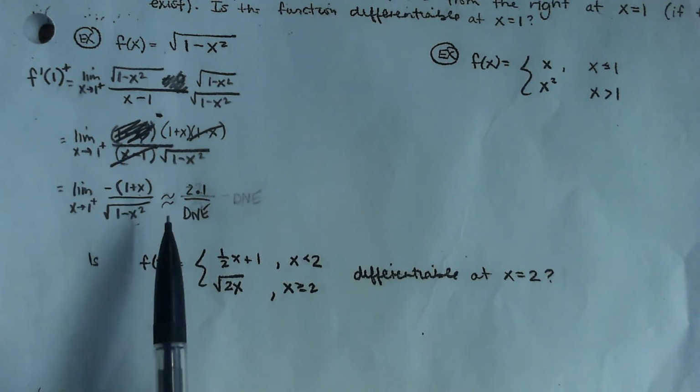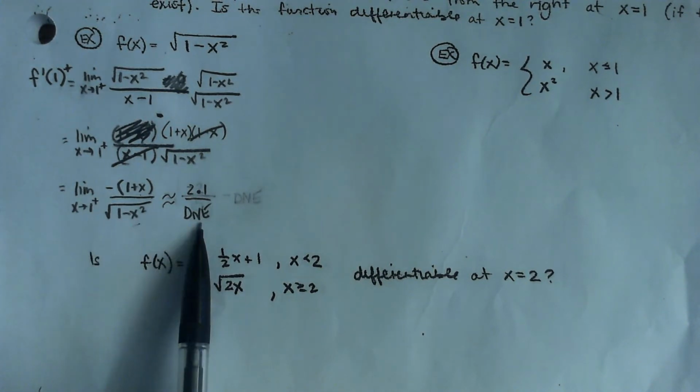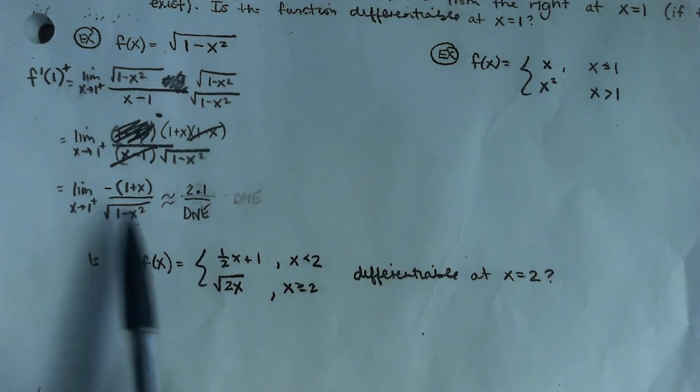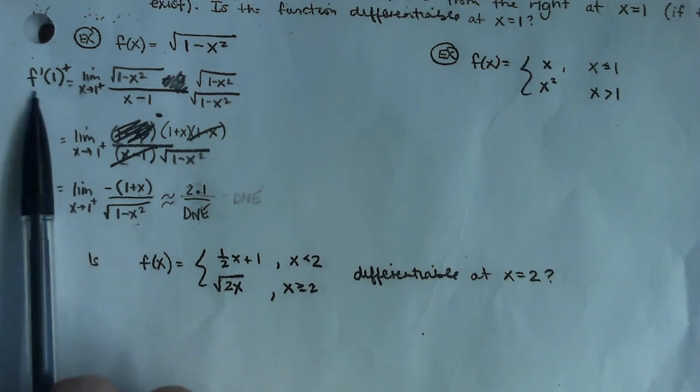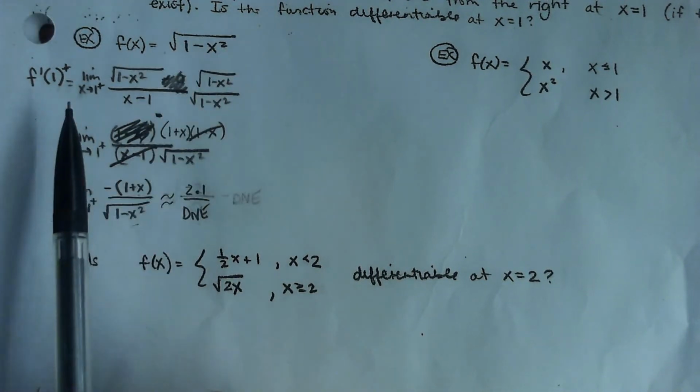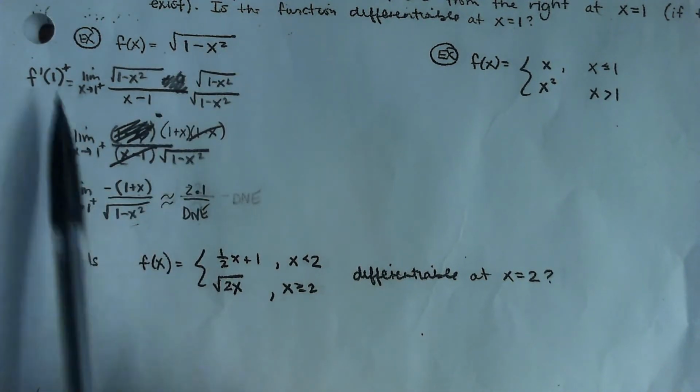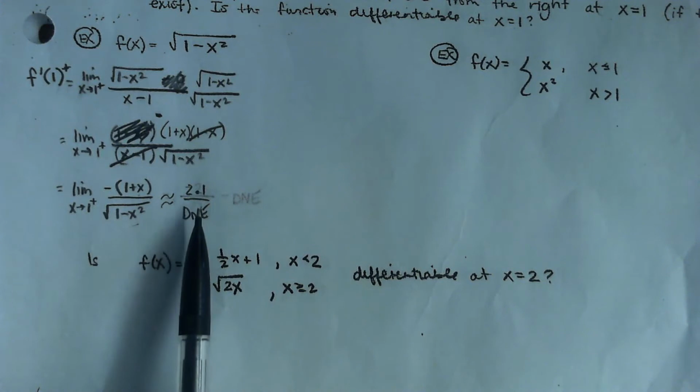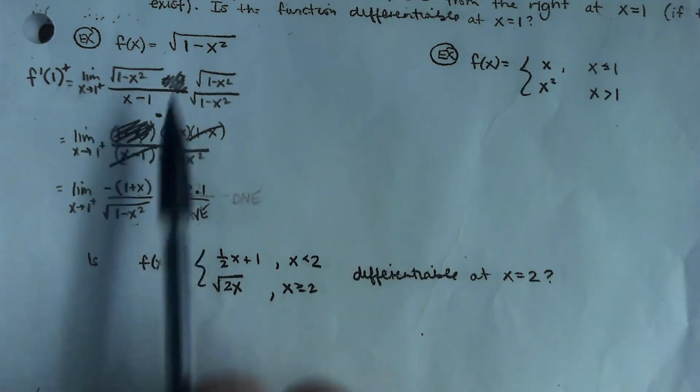as you come from the right isn't going to exist for that reason, namely because this graph doesn't exist to the right of 1. And so the derivative of our original function, so the slope of our function coming from the right of 1, isn't going to exist, probably because the graph doesn't exist to the right of 1.